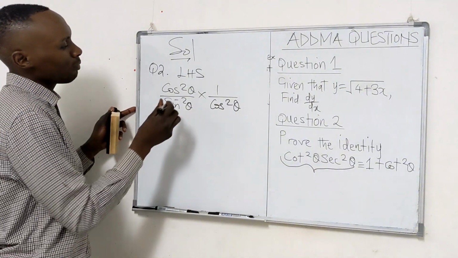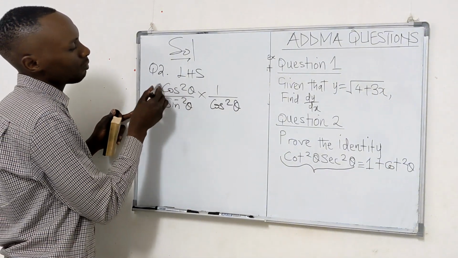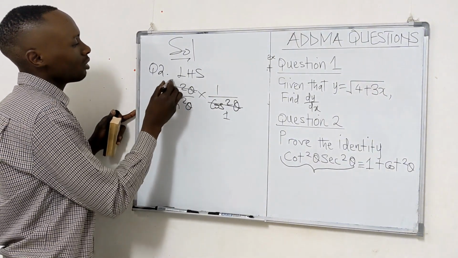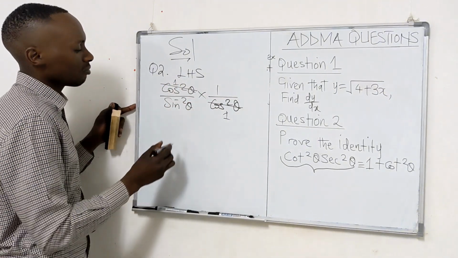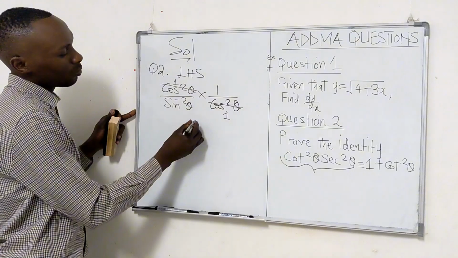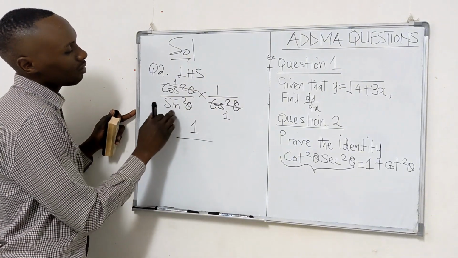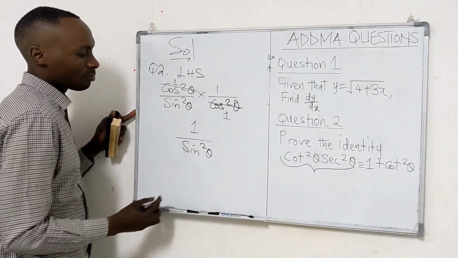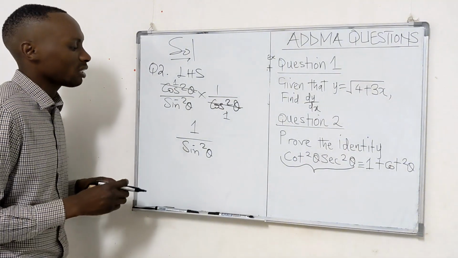All we do is just simplify this. So this here gives 1, even this one also gives 1. And what we're going to remain with is 1 over sine squared theta.